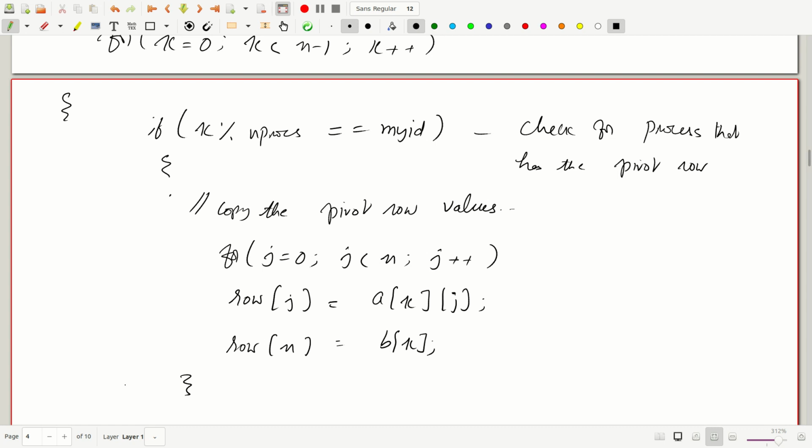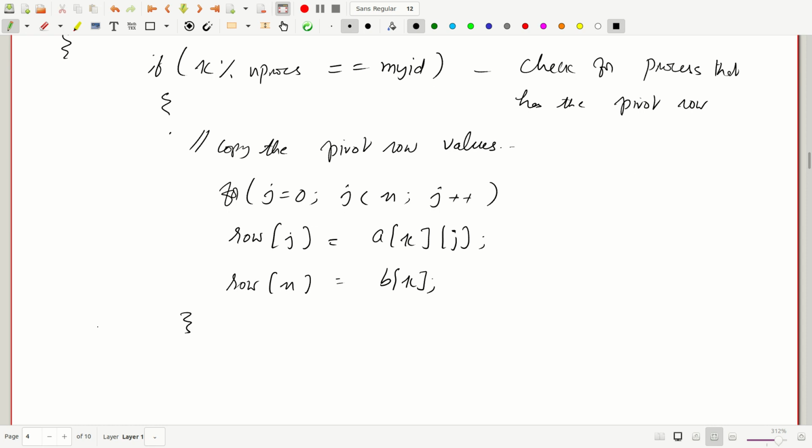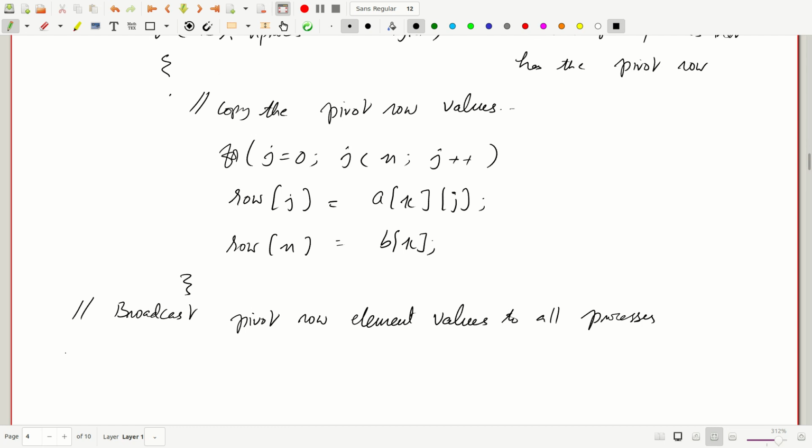Then we need to broadcast this pivot row element values to all the processes. So we call our MPI broadcast function, and we send either the buffer or the row that we have, row plus k.